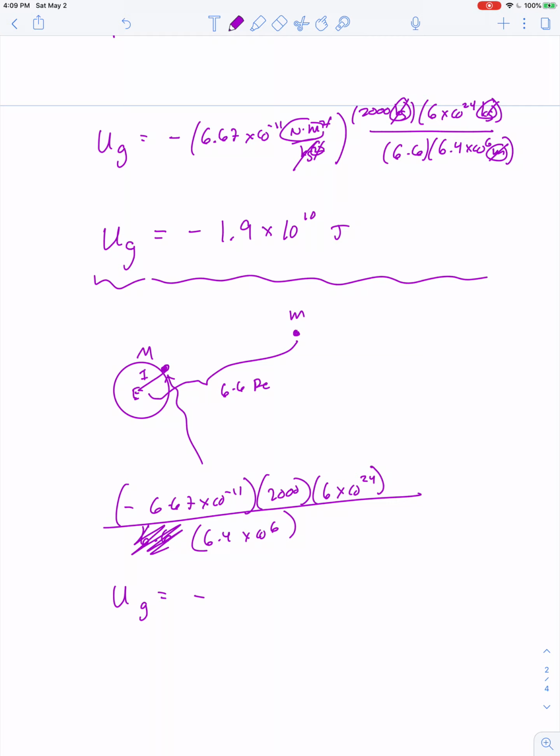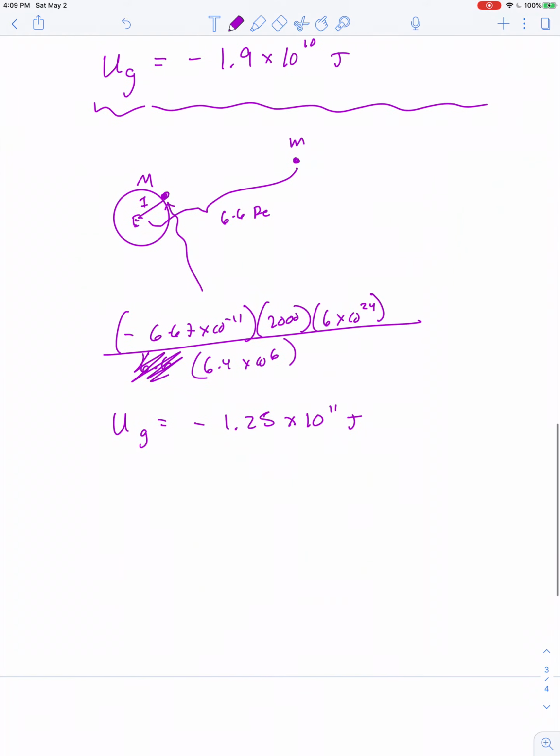So we get negative 1.25 times 10 to the 11th joules. So what would be the change in gravitational potential energy to get our geosynchronous satellite from the surface of the Earth up to its altitude of orbit? So the change in gravitational potential energy would be final minus initial.